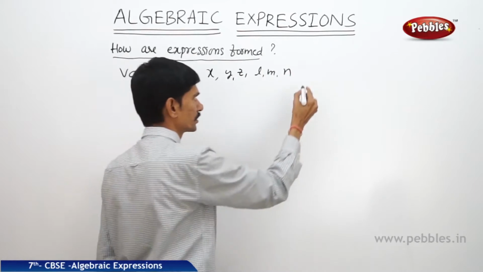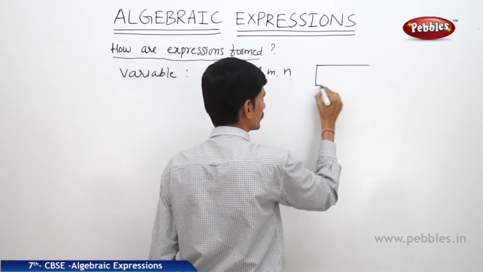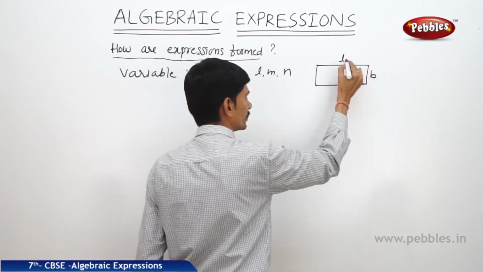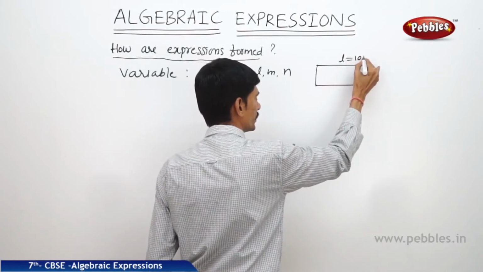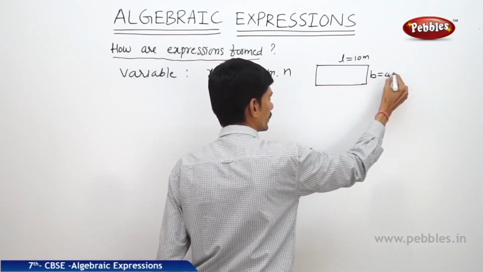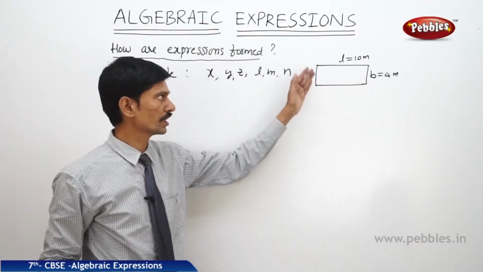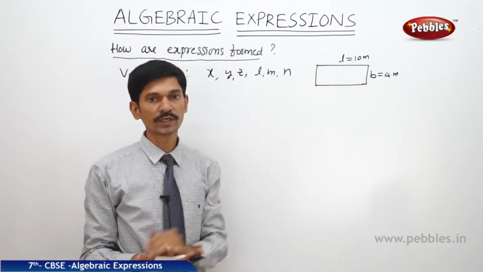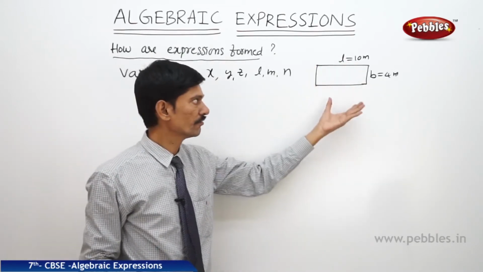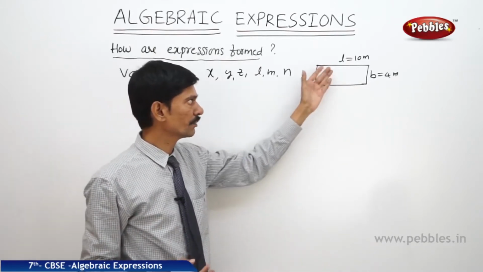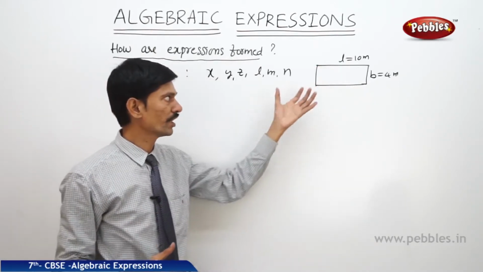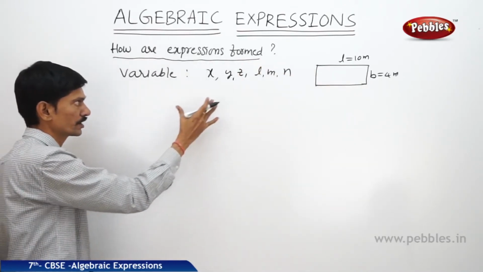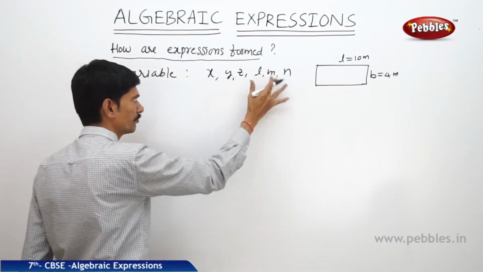For example, to find the area of a rectangle whose length is L meters and breadth is B meters: if L is 10 meters and breadth is 4 meters, then area of the rectangle A equals L into B. But L may not always be 10 meters and B may not always be 4 meters. The values of L and B can change, that is, the values of the variables may change. That is why variables are denoted by lowercase letters like x, y, z, l, m, n or a, b, c.